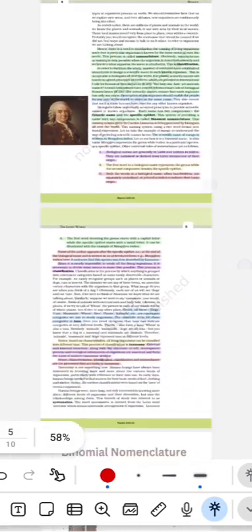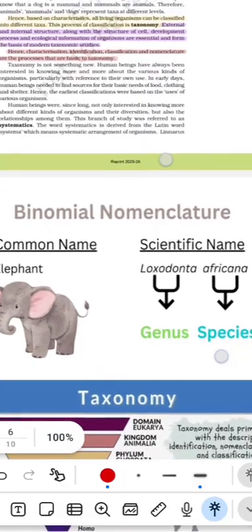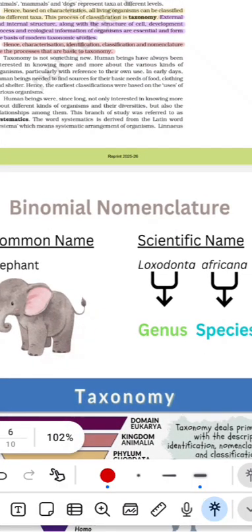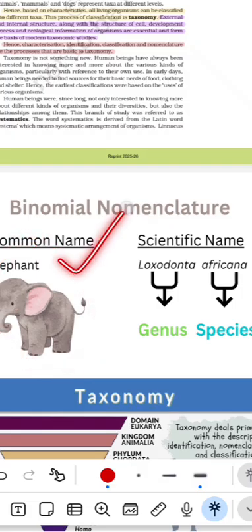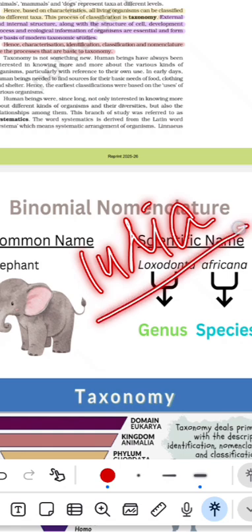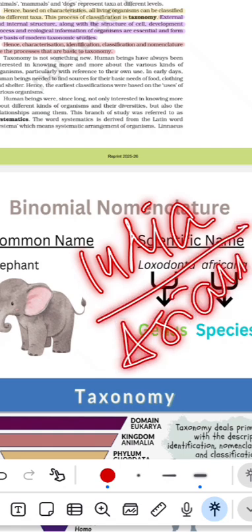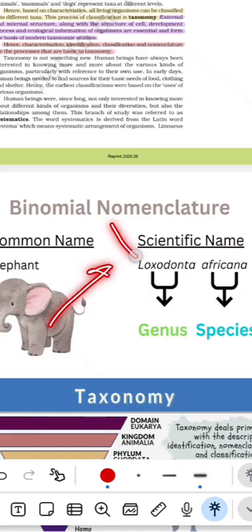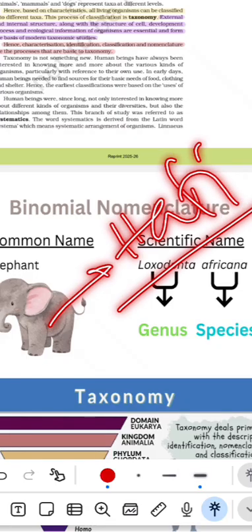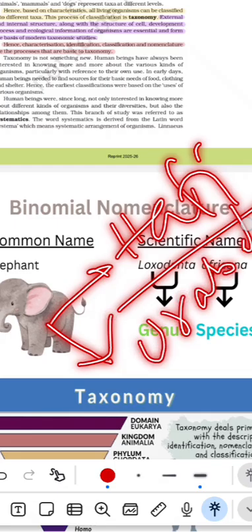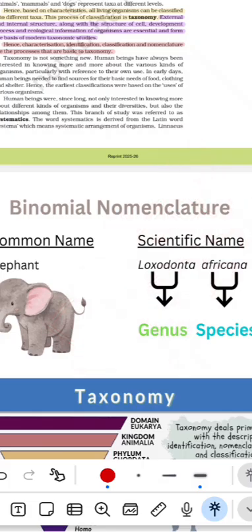For example, take an elephant. Its common name is elephant, but in many countries like India and other Asian countries, it is known as Hathi, and many more names. So we become confused.